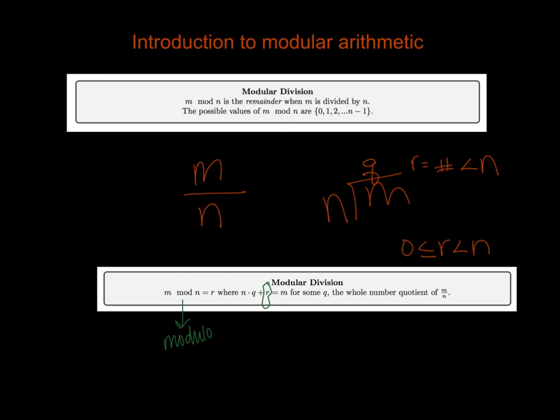It's this extra little piece that we add to n times some quotient, and when we do that, our sum is m, which came from right there. And if you notice, q doesn't play a role in our statement m mod n is equal to r. Q is kind of our hidden value in there.